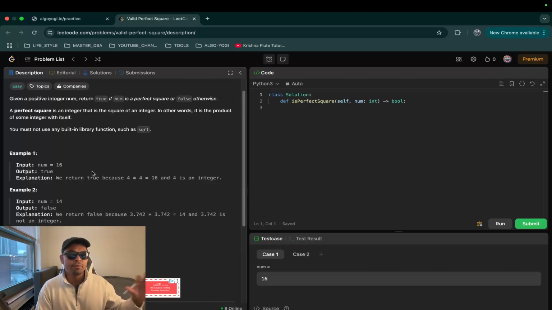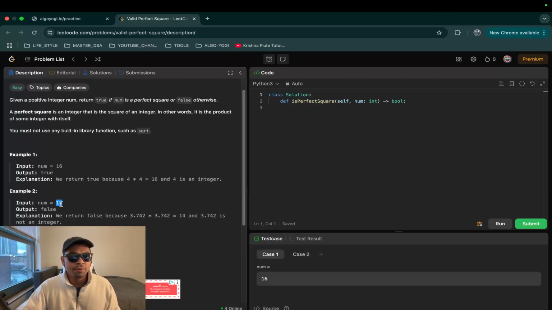So if 4 is k, 4 into 4 is equal to 16. The square root of 16 makes 4. 4 is an integer. Perfect square. All right, what about 14? It is not, because there is no integer whose square is 14.